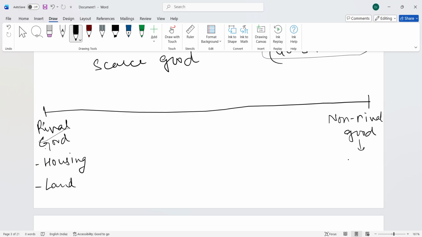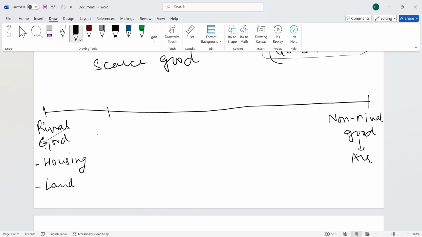You can say the open air that we have is very close to a perfect example of a non-rival good. Then in between this spectrum, I will have different categories of rival goods. So let's say this is one extreme of rival good.